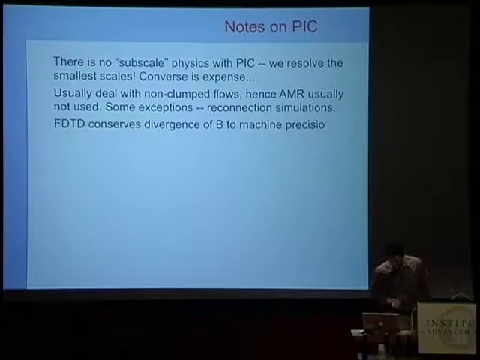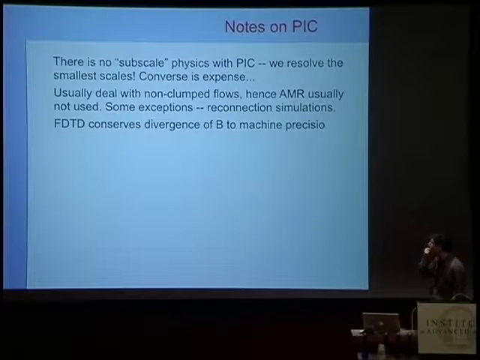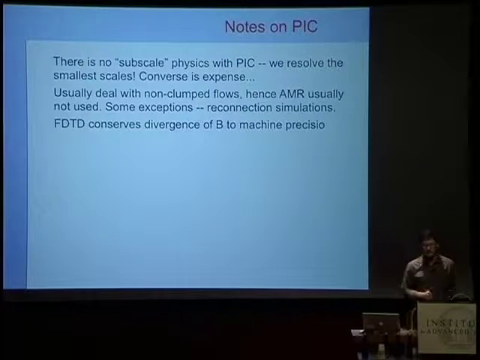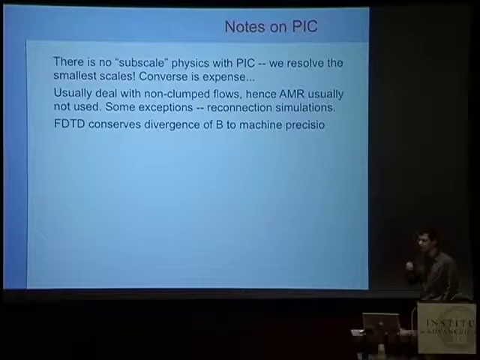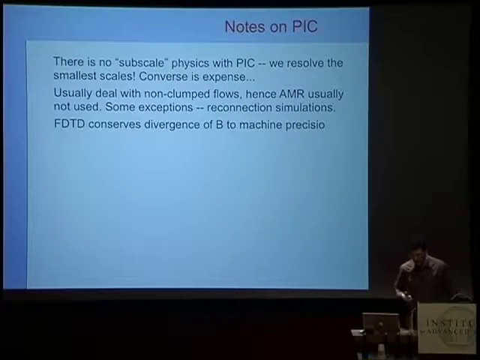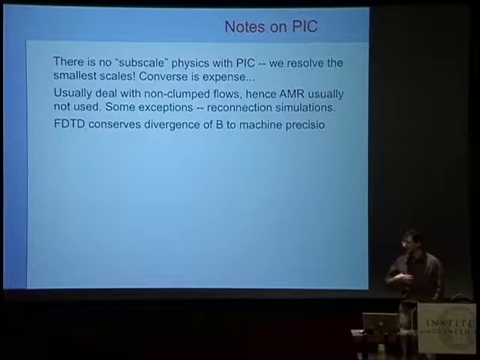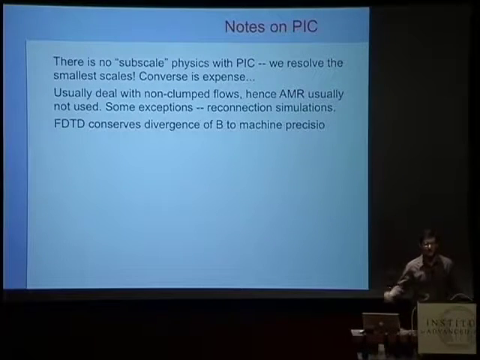OK, so a few notes on these particle and cell methods. The good thing about them is that there is no subscale physics. Typically, when we talk about Hydra simulations or MHD simulations, we always have this genie that lives on the smallest scales, that takes care of the viscosity, resistivity, and so forth.